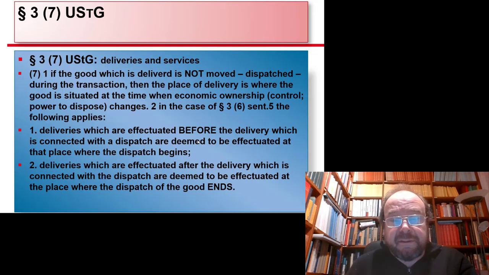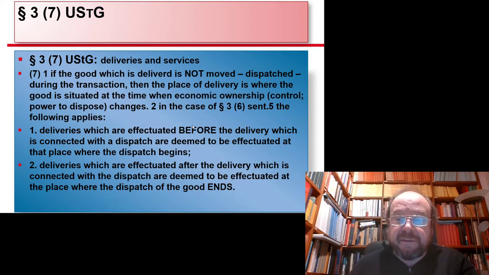And here, the second paragraph which I mentioned, paragraph 3, section 7, first sentence, is the one which contains the basic rule. If the good which is delivered is not moved or dispatched during the transaction, then the place of delivery is where the good is situated or located at the time when economic ownership, or control, or power to dispose, or position like an owner changes, however you translate it.